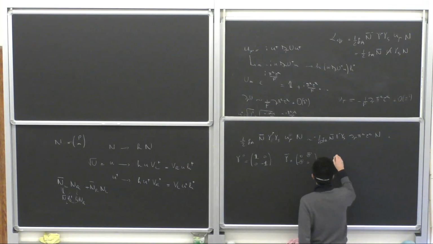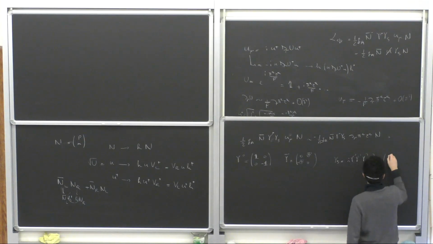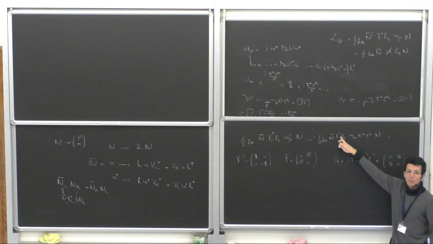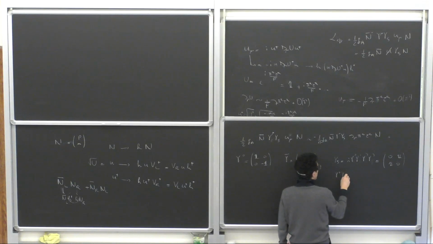So, gamma 5 in this representation, I recall that gamma 5 is this, and this is a non-diagonal matrix, which makes the large component and the small component of the Dirac spinors. So you see that if this mu is temporal, if mu is equal to 0, this gamma structure is gamma 0, gamma 5.